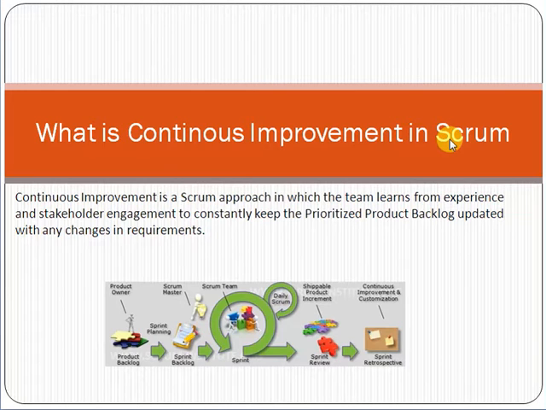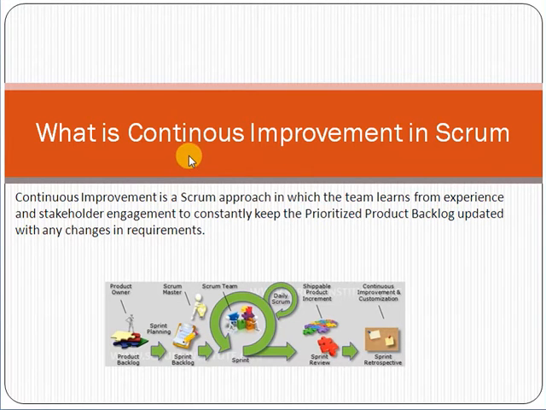One of the features of a Scrum-based framework is continuous improvement. Now, coming to our main topic, continuous improvement. Just look at this term: you are improving your processes and approaches continuously.